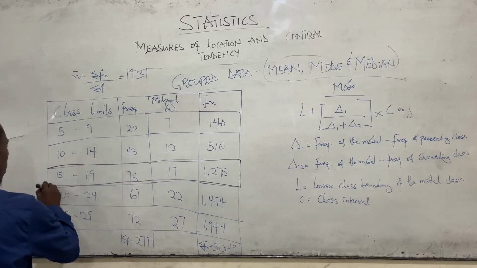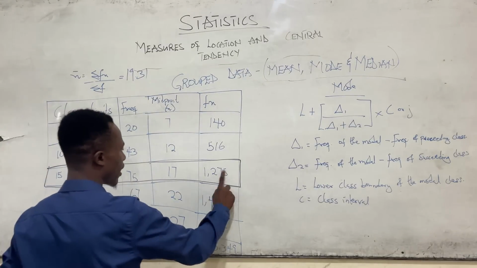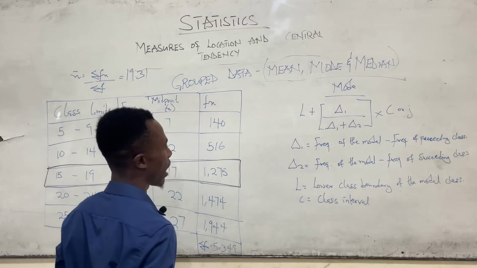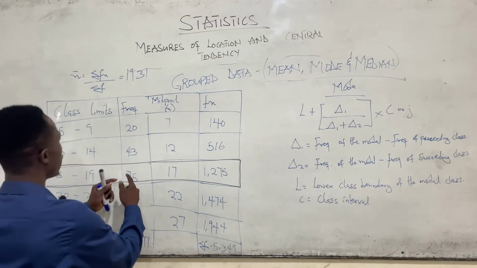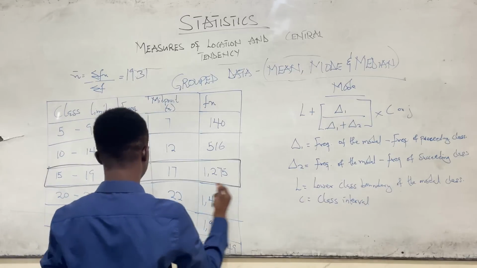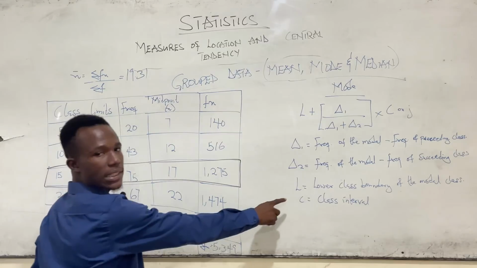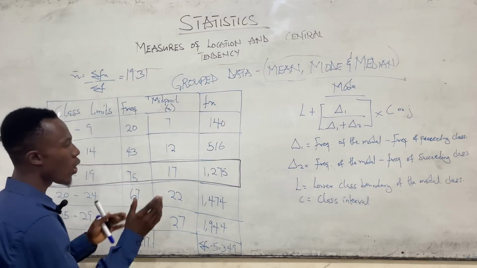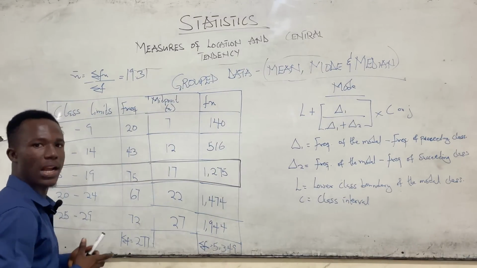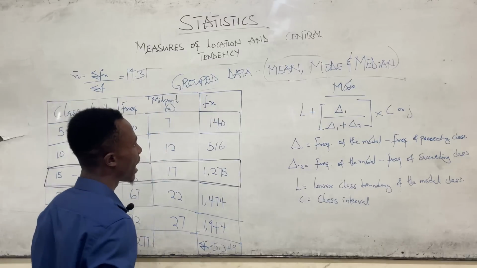So we are going to use everything here in our calculation. Since we know our modal class, change 1 is the frequency of the modal class minus the preceding, and change 2 is the frequency of the modal class minus the succeeding. And L is the lower class boundary of the modal class. But with this class, we don't have the class boundaries, right? So we have to calculate the class boundaries in addition.